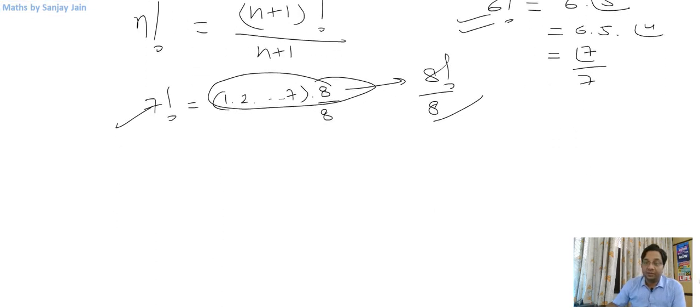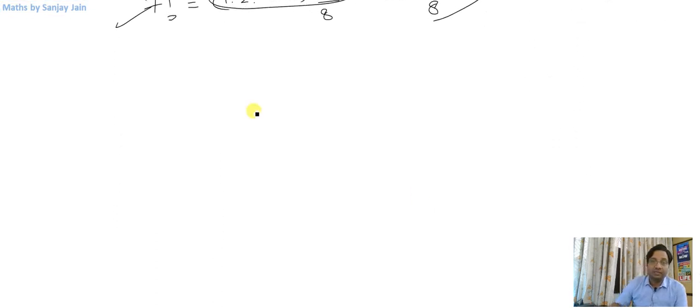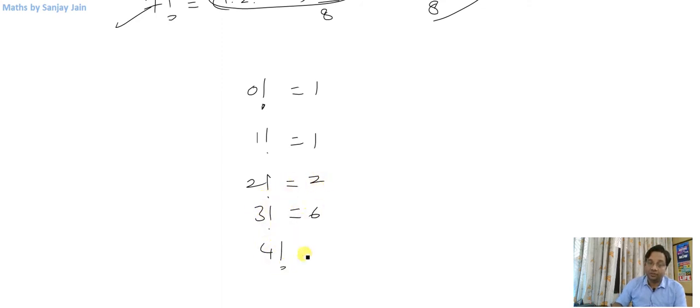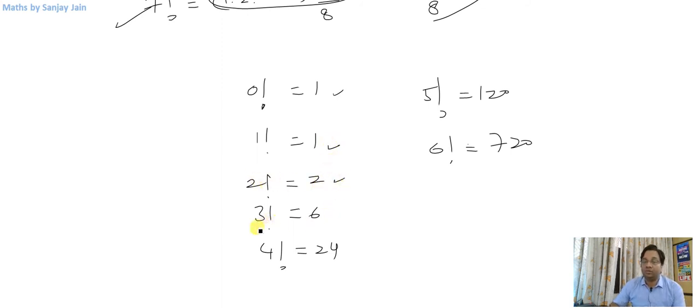And you need to memorize some of the values like this. 0 factorial is 1. This is what you need to memorize. 1 factorial is also 1. 2 factorial is 2. 3 factorial is 6. 4 factorial is 24. 5 factorial is 120. 6 factorial is 720. What I am doing here is, I am just multiplying. For example, 0 factorial is 1, right? 1 factorial is 1. 2 factorial is 2 into 1, that is 2. 3 factorial is what? 3 into 2 factorial.